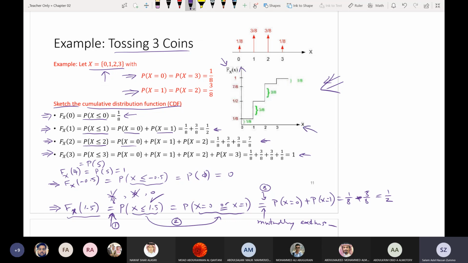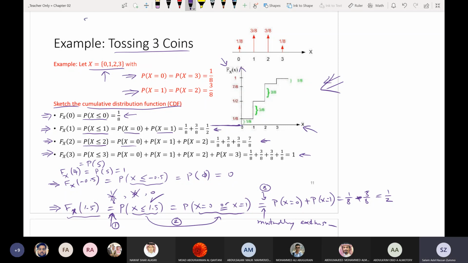The x-axis is this dummy variable x. We start from minus infinity. What is F_X of minus infinity? 0. And it continues to be 0 until any number just less than 0.